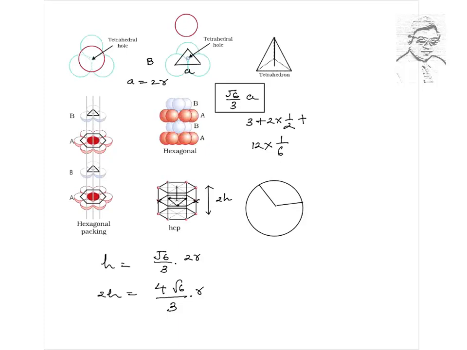So we have a hexagon. In the hexagon, two balls are touching each other. So clearly this will be a, or 2r, whatever you like. 2r, 2r, 2r, 2r. What is the area of that hexagon? That's a simple question.